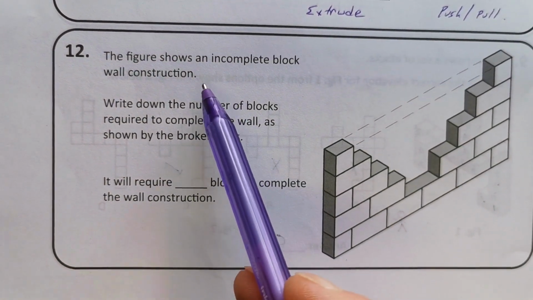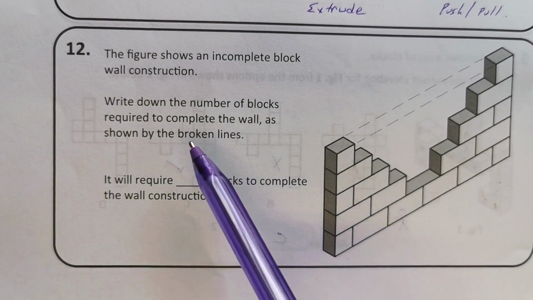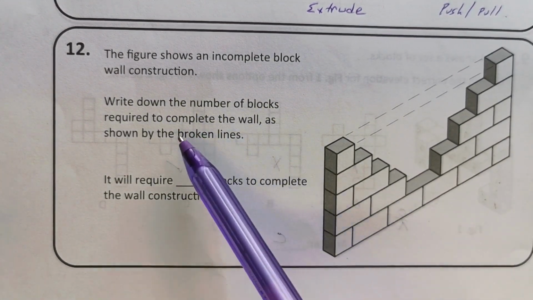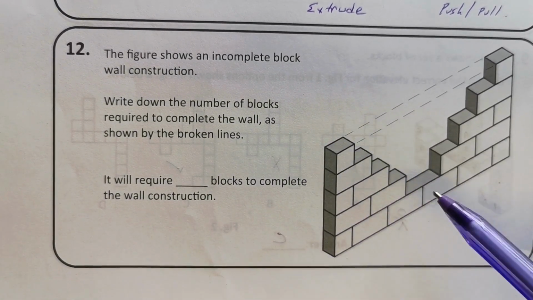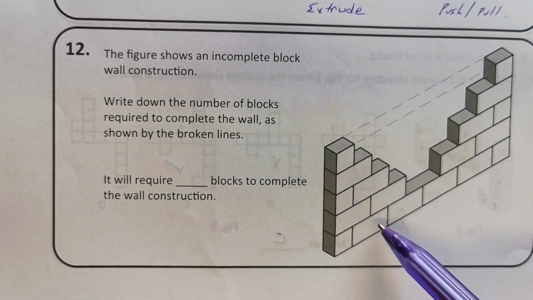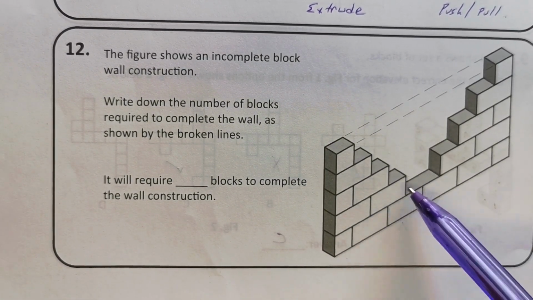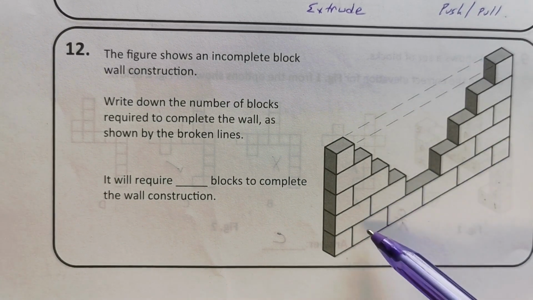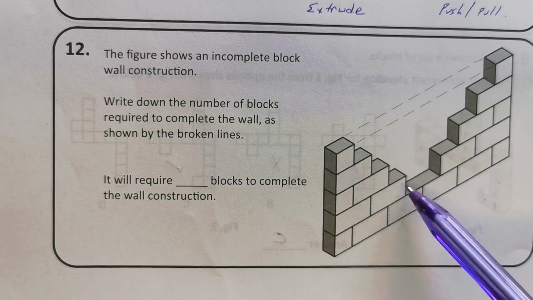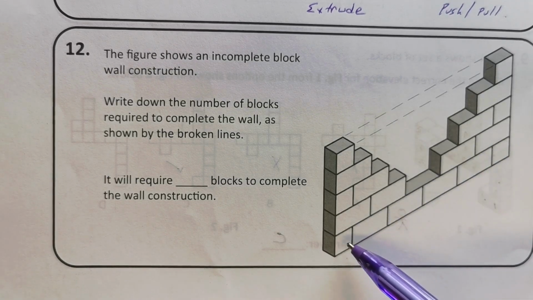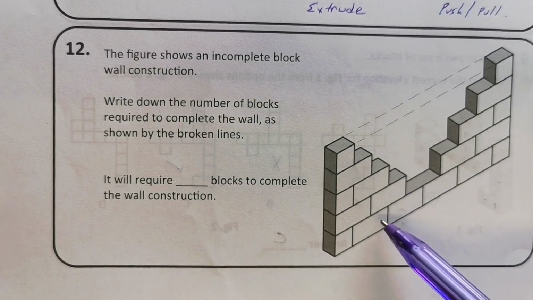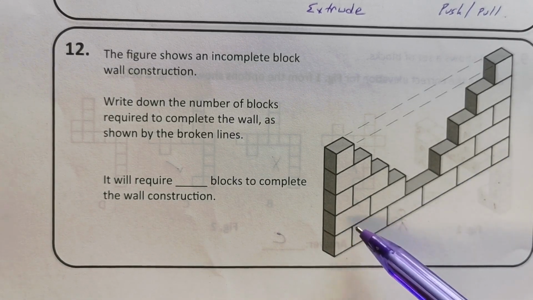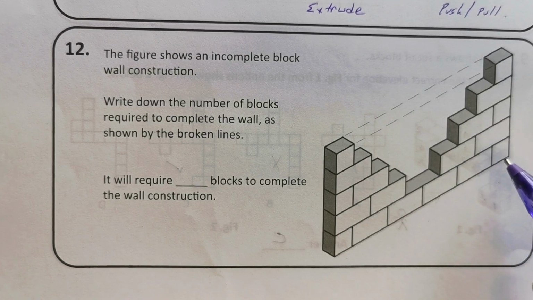Now question 12 there. Okay, so it's write down the number of blocks required to complete the wall shown by the broken lines. Okay, now the thing is here, if I just count this, there's 1, 2, 3, 4, 5 blocks. There's 5 full blocks in every row. But because they're staggered, you've got 4 full ones and 2 halves there, or 5 full ones here.